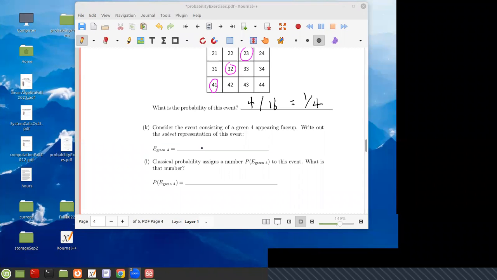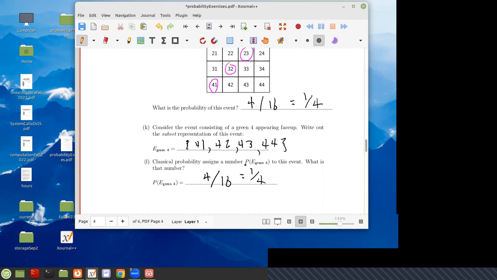Okay, so if we have a green 4 face up, that could be a green 4 with a red 1, a green 4 with a red 2, a green 4 with a red 3, or a green 4 with a red 4. And then right away, it's the number of outcomes in the event divided by the number in the sample space, which is again 1/4.